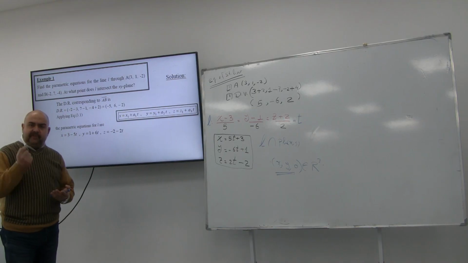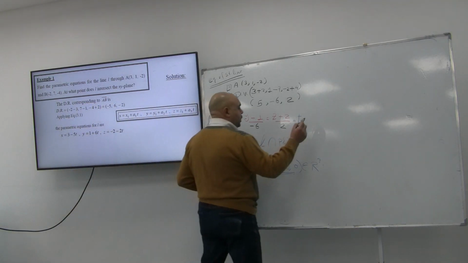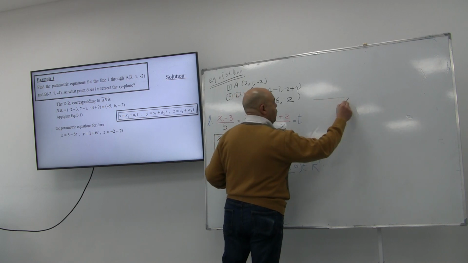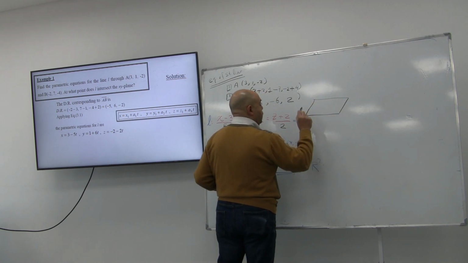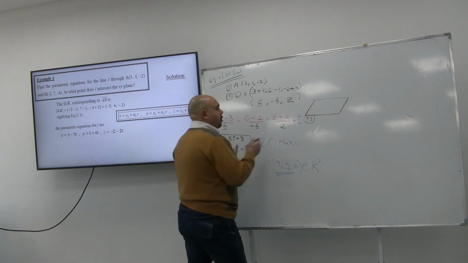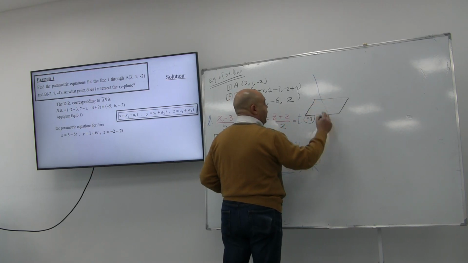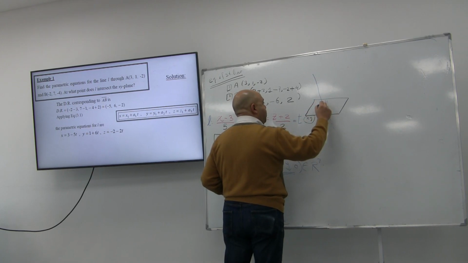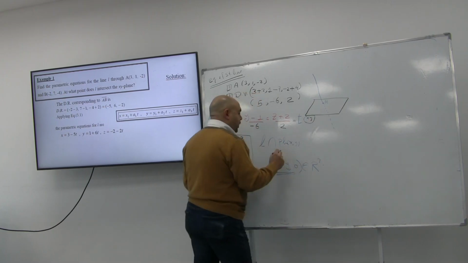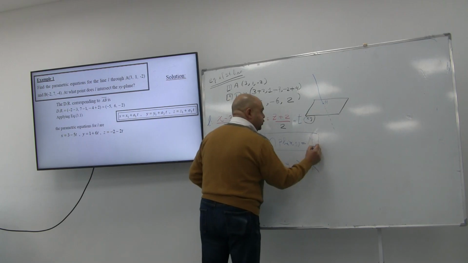So if I want to find the intersection point between a straight line and this plane, let's say this is our plane, the XY plane, and this is our straight line L, I need to find the point M, which is the intersection between the line and the plane.